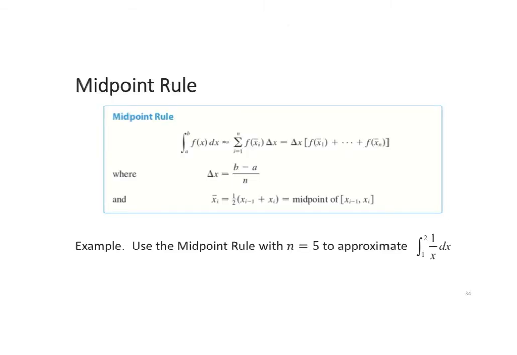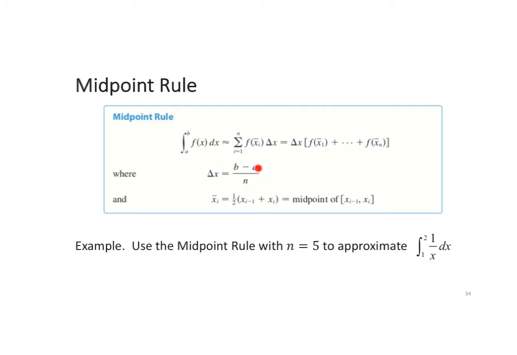Here's the midpoint rule we started to talk about in section 4.1. We talked about it kind of informally, but this is the notation we use. It's delta x times the sum of the function values when we have the midpoint of each subinterval plugged into the function to get the heights of those rectangles.